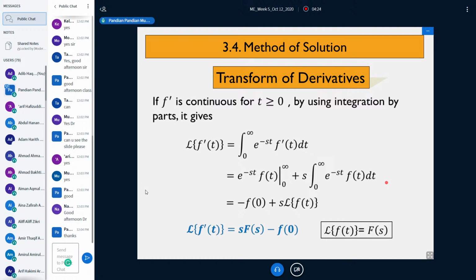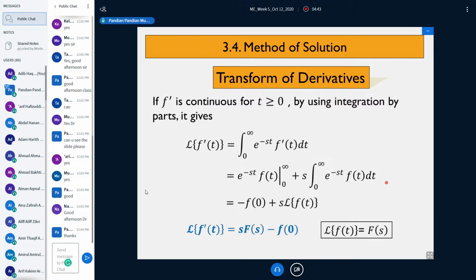So you must know the Laplace of the first derivative, dy/dt. You say dy/dx, but here we say df/dt or dy/dt, with time as the variable. Yeah? So how do we define this?